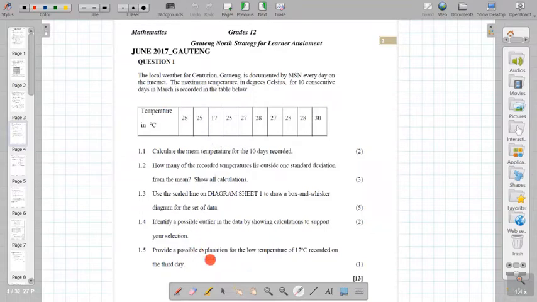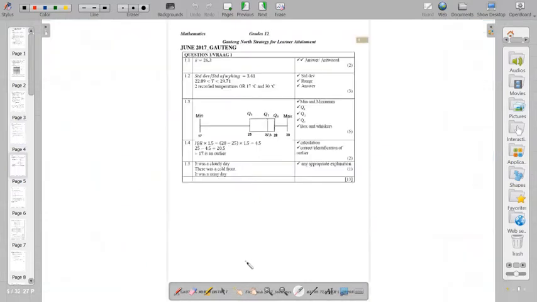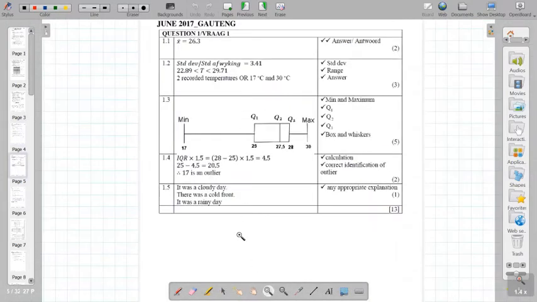And then finally, a possible explanation of temperature 17. We can write any reasonable condition; any reasonable answer will be accepted. If you go through the memo, writing the mean straight is 2 marks using the calculator, and then the standard deviation must be done again with the calculator.